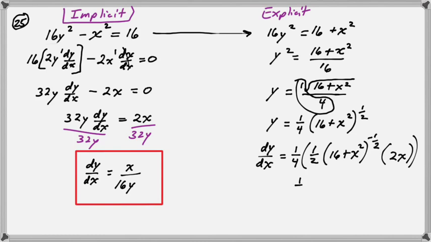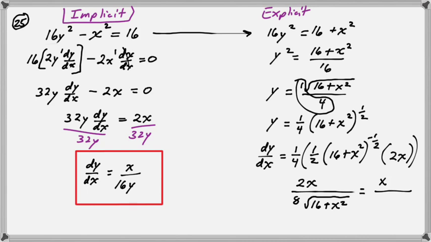So I have 1/8. Actually, I have a 2x on top, don't I? Do you agree there'd be a 2x on top? 2x on top. 2 times 4 is 8 on the bottom, and that's a square root on the bottom, right? Does 2 over 8 simplify? Yes. I'm going to finish this problem if you don't mind.